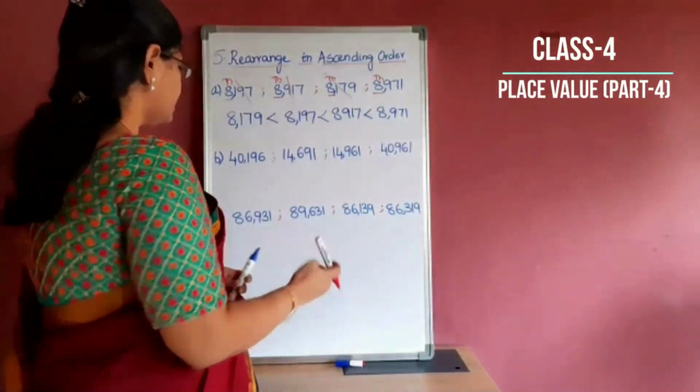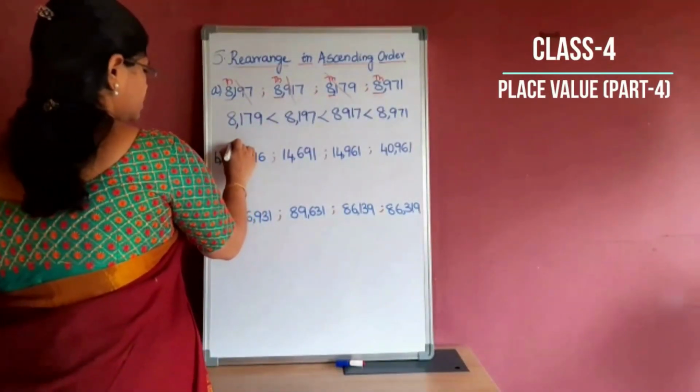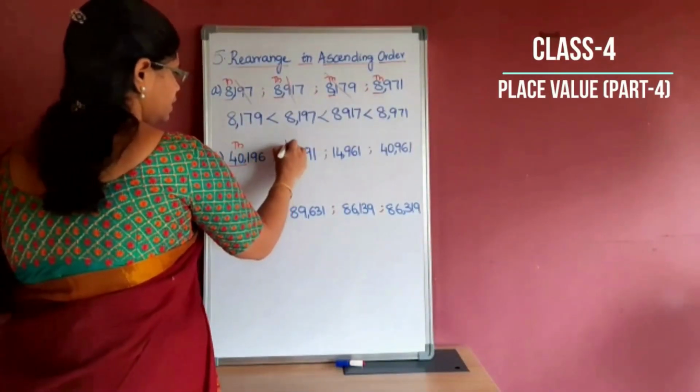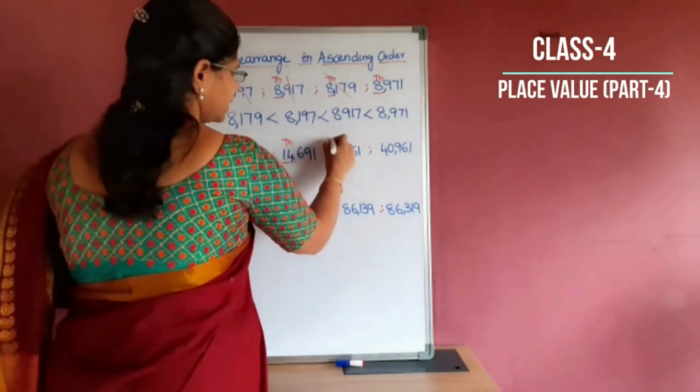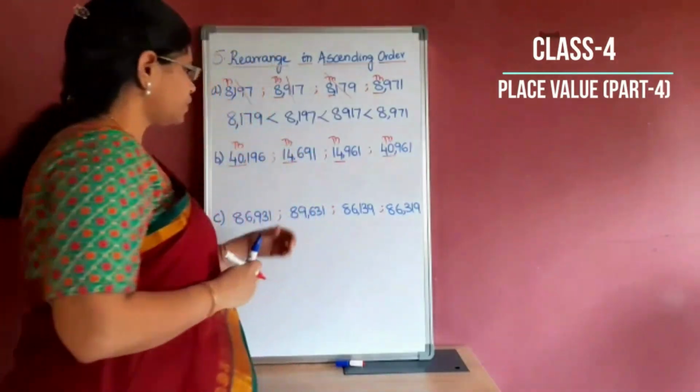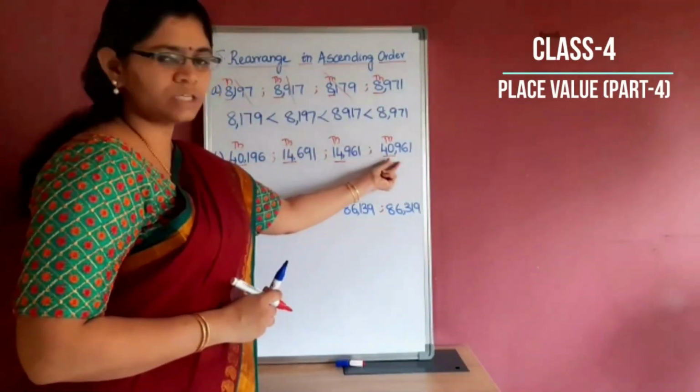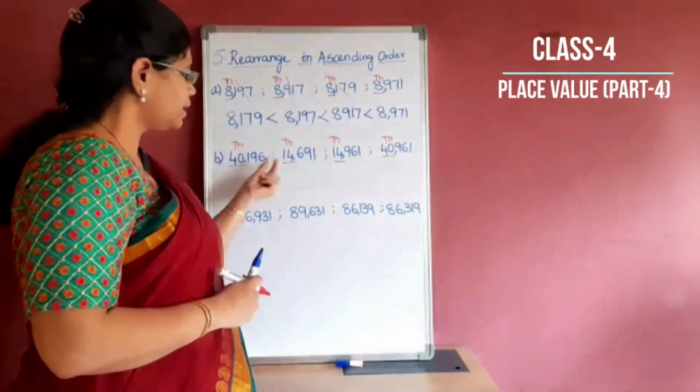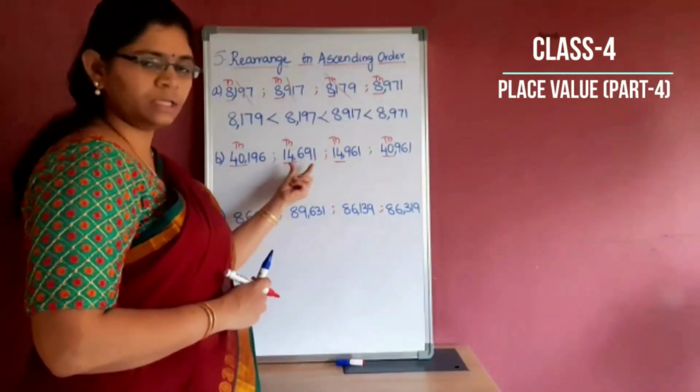See here, children, we have 40 in thousands period, 14 here in thousands period, 14 here in thousands period, 40 in thousands period. So we observe that there are two numbers with 40 in thousands period and two numbers with 14 in thousands period.